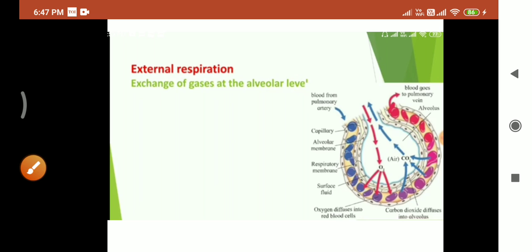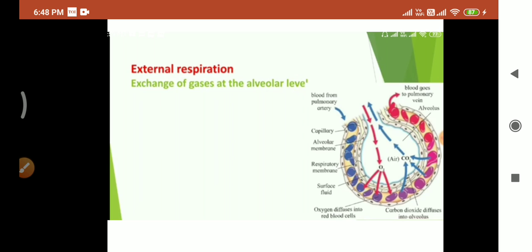And the next mechanism is cellular respiration. So when you talk about all this, the respiration process is completed in four levels. The first is breathing, the second is external respiration, the next is internal respiration, and the last is cellular respiration. In this video we only learn about external respiration.